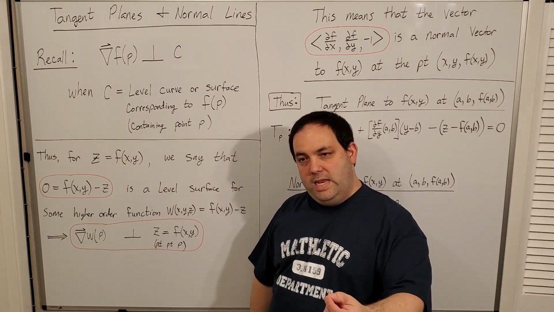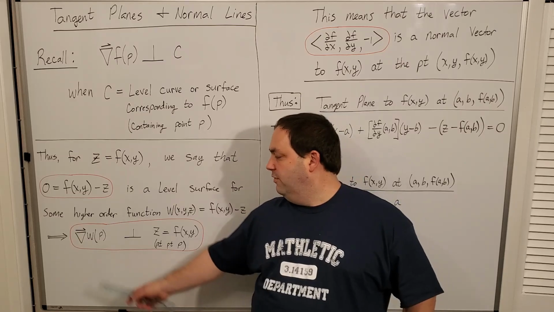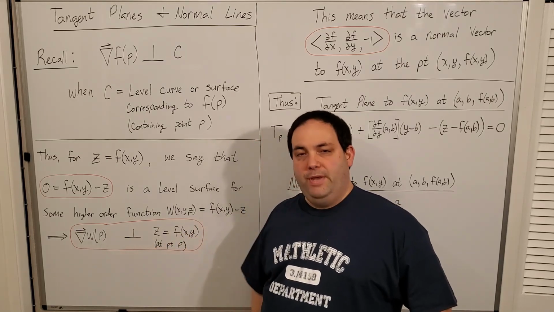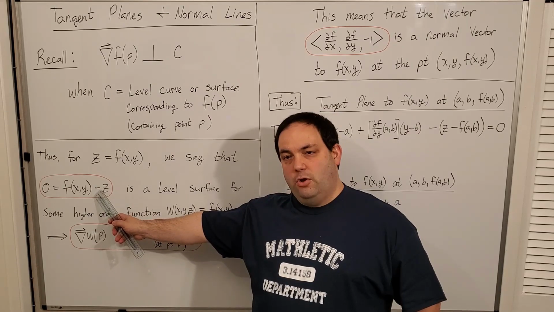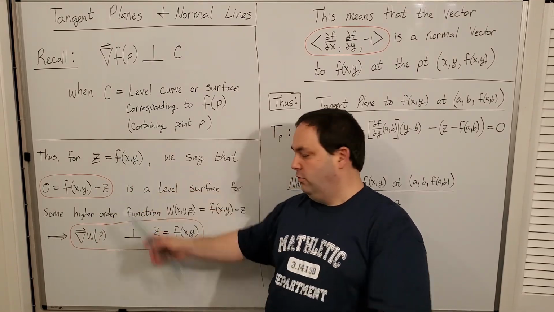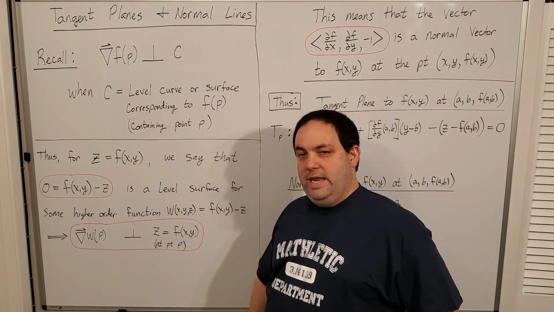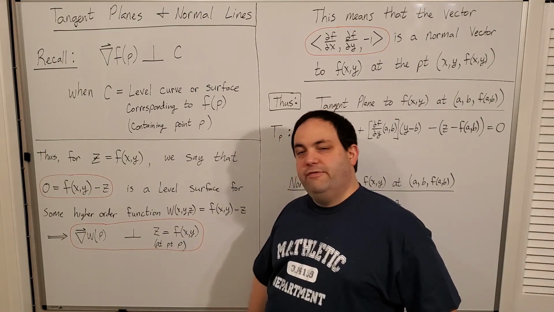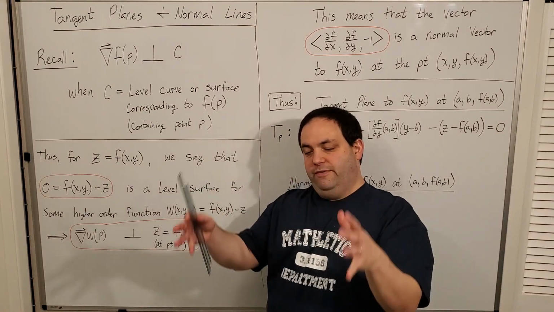So point P exists on your function, therefore the gradient of w at point P is going to correspond to its own level surface, which is your original function, and therefore be perpendicular to it at the point P. It'll be perpendicular to your function at point P. So in other words, you have your surface.